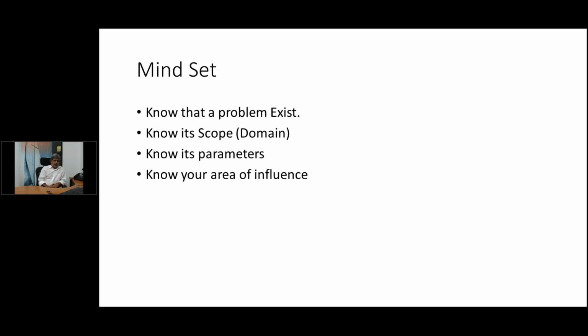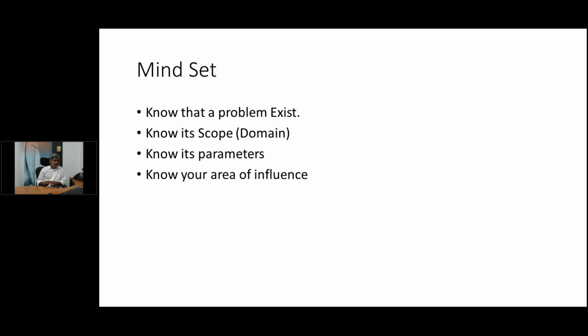So if we recognize that a problem exists, then we need to look into the scope of that problem. Scope means whether it is a solvable problem or an insoluble problem.